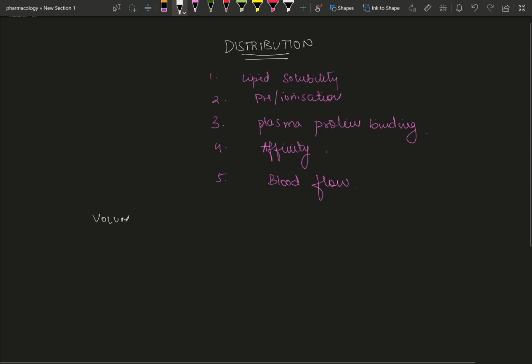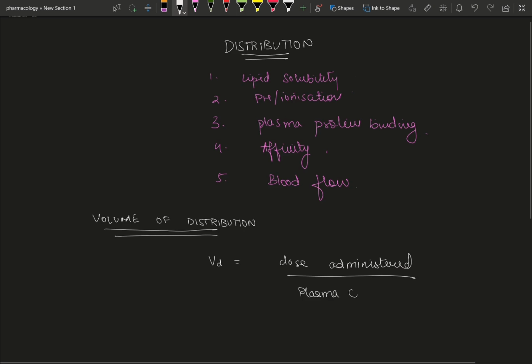Now post that, we need to discuss the concept of volume of distribution. It's a very important concept, must be known. Now volume of distribution, or VD, is defined as dose administered upon the plasma concentration of the drug.